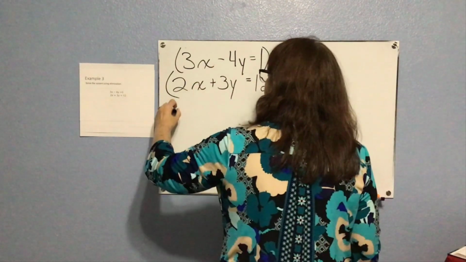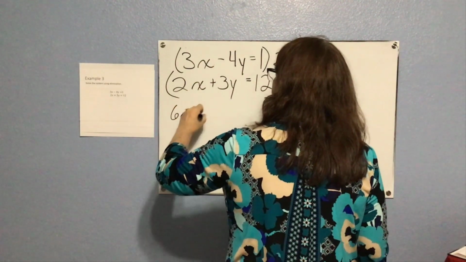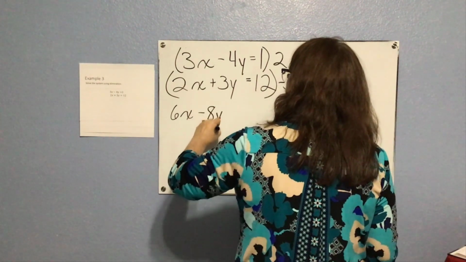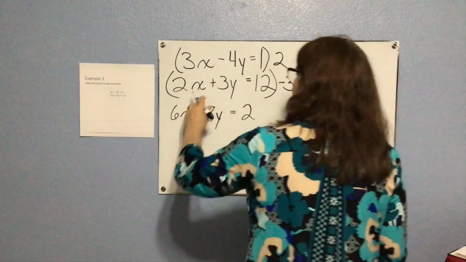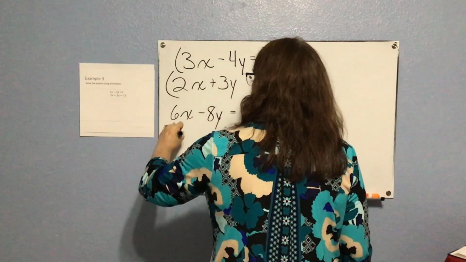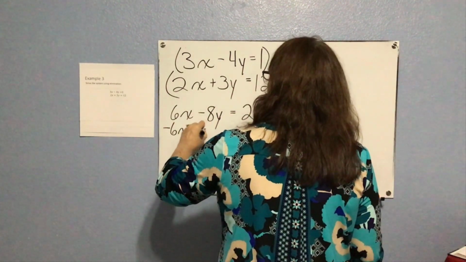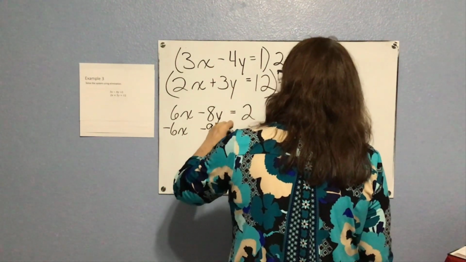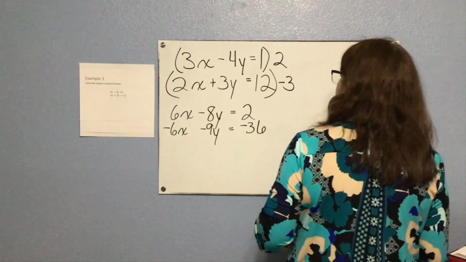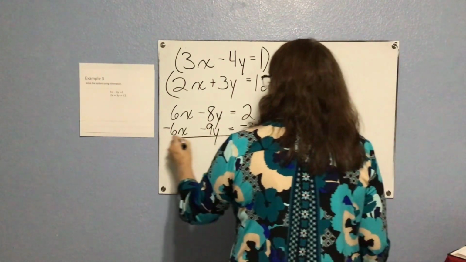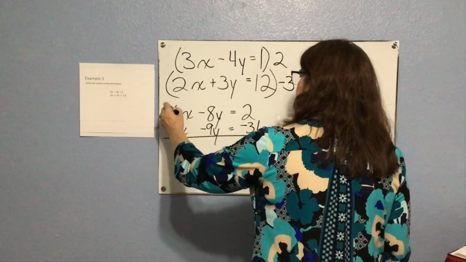So 2 times this is going to give me 6x minus 8y equals 2. Negative 3 times this, negative 6x minus 9y equals negative 36. Now I add the two equations together.